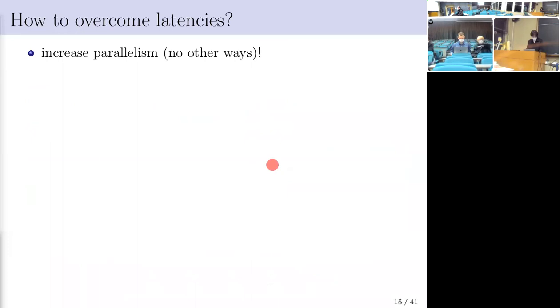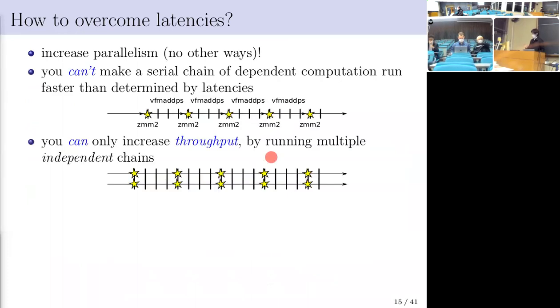And if we measure the execution time of this piece of code, what we discovered was it runs as slow as 4 cycles per single FMA. The reason was that the FMA instruction has something called a latency of 4 core cycles.